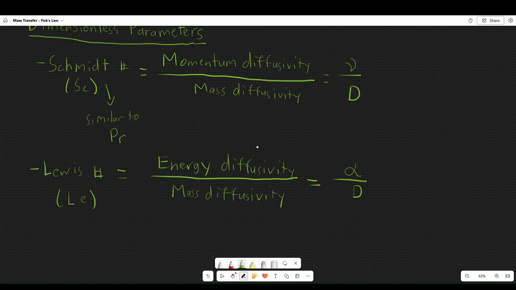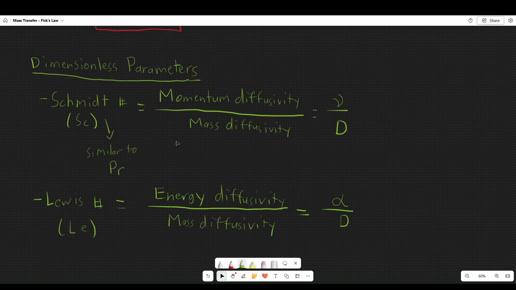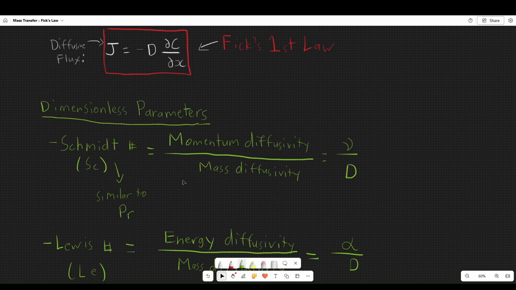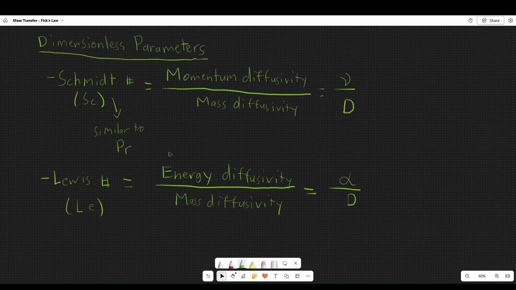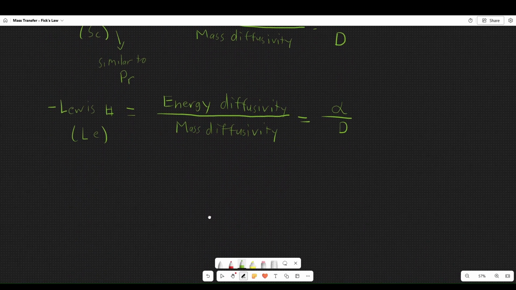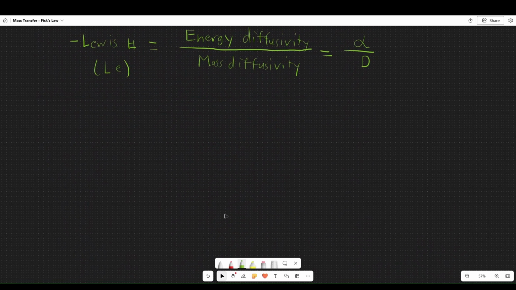Okay, so now that we've stated Fick's first law and given some understanding of how all these three transport phenomena are related, we can go ahead and start onto some problems where we talk about mass transfer.